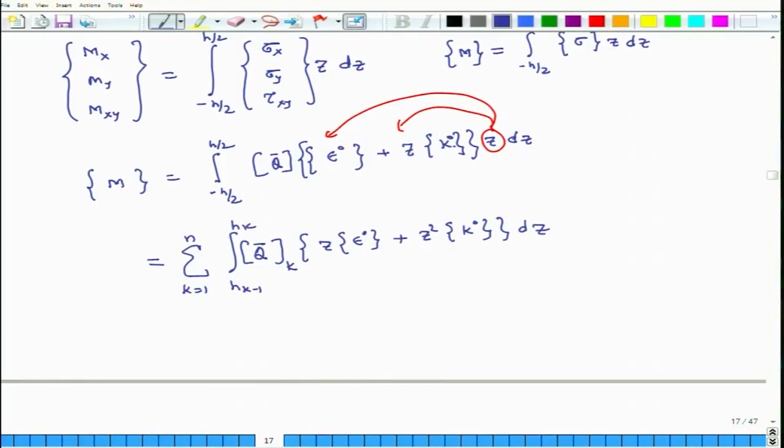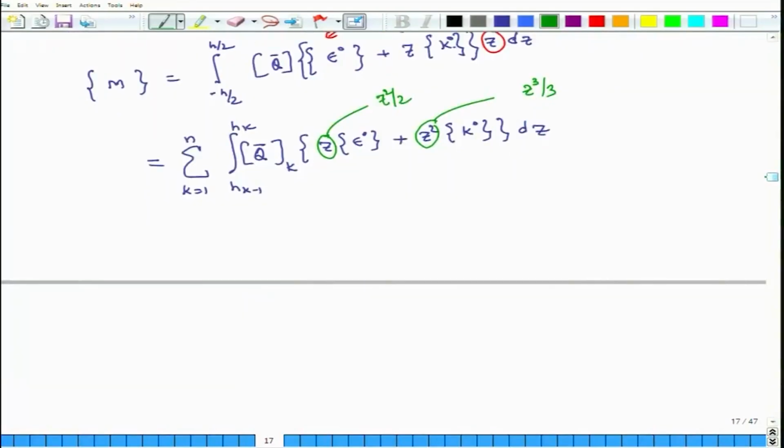Within a layer, when I integrate, z square becomes z cube by 3 and z becomes z square by 2.